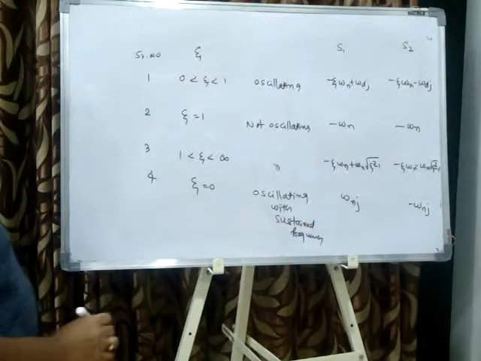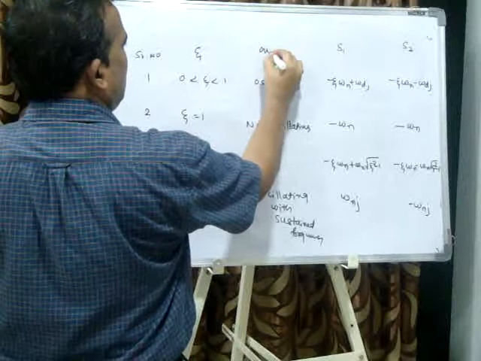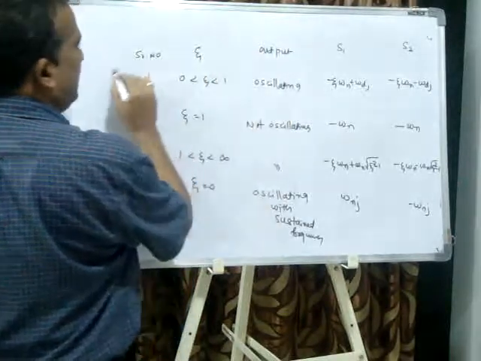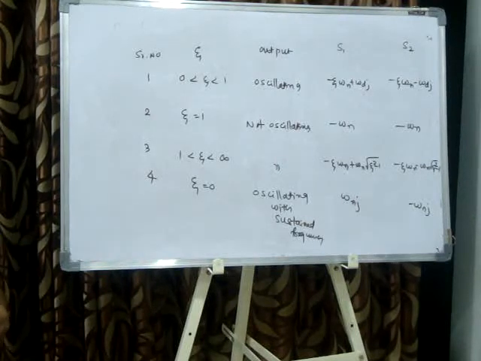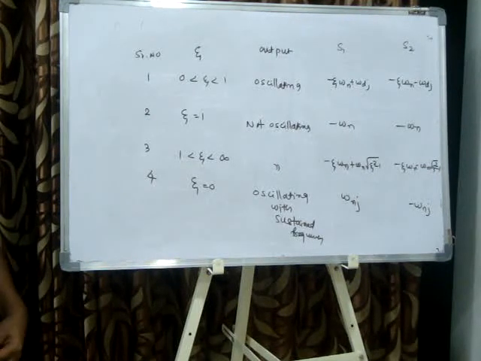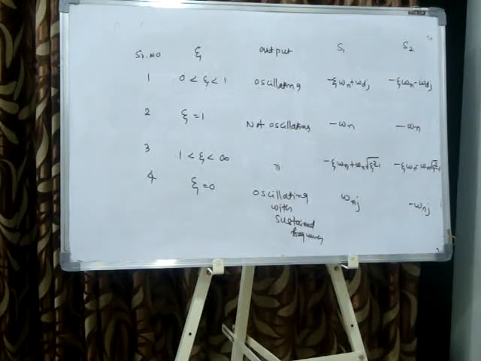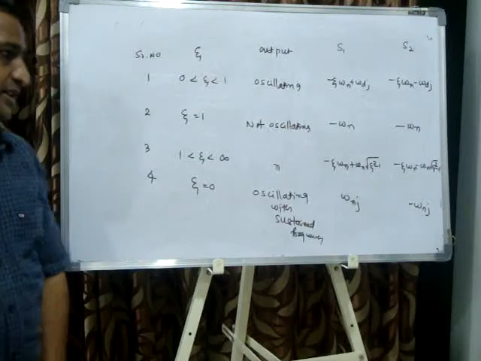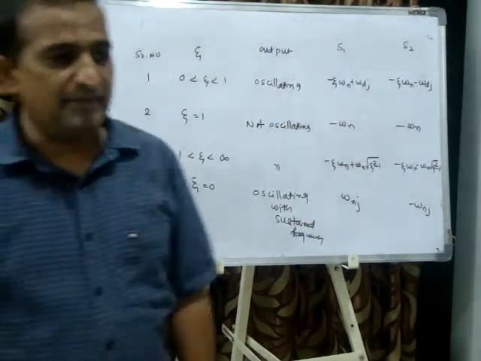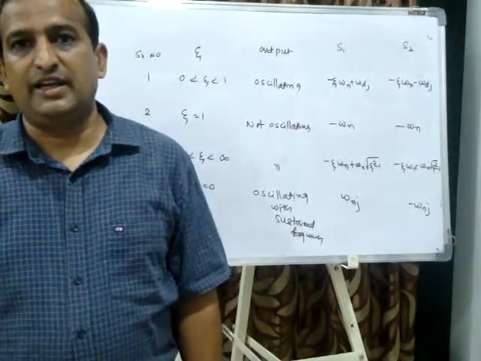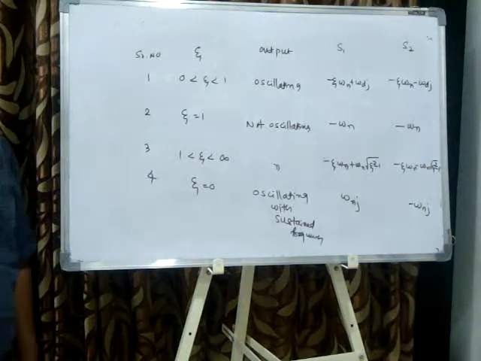The entire summary I have covered in one page. Okay, these are the basics of how zeta changes, how the poles change with respect to zeta, and the system behavior. Next class we will see the time response of a second order system under unit step input. Thank you.